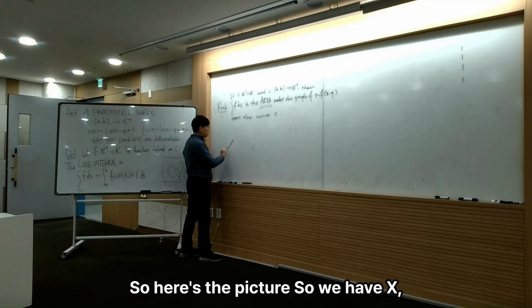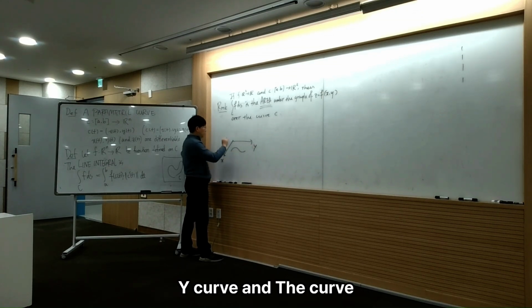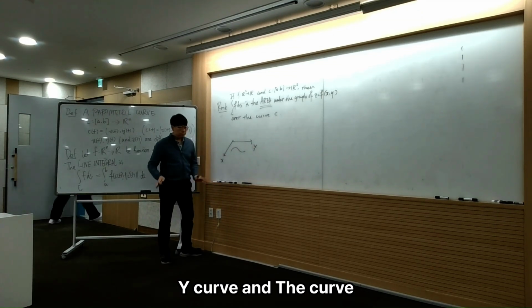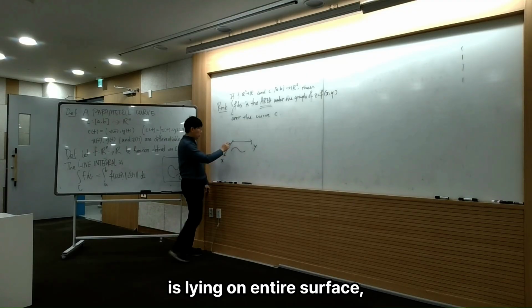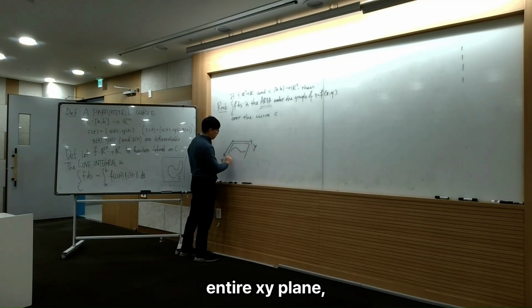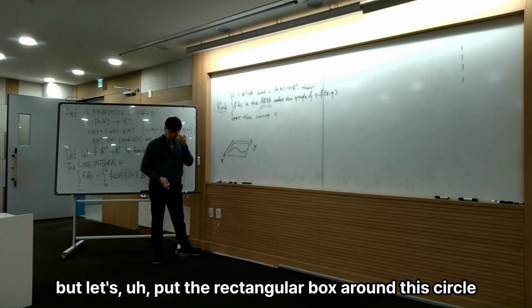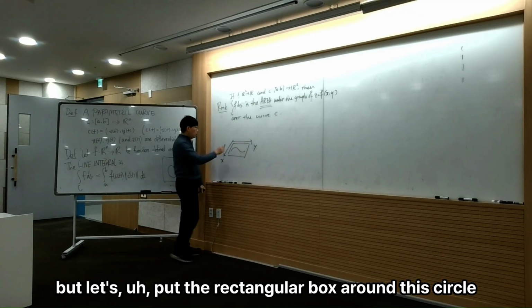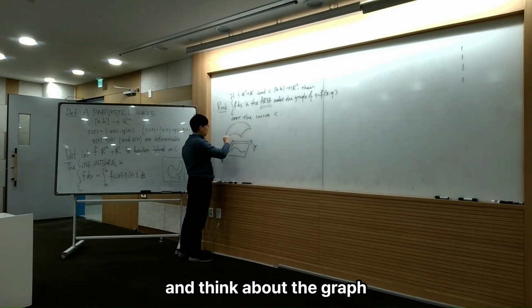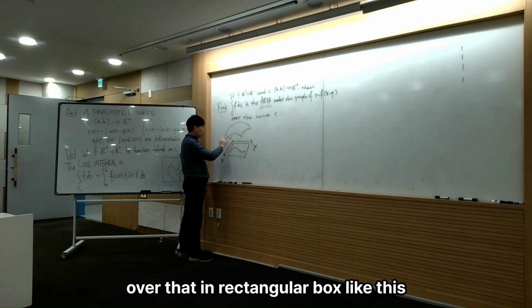So here's the picture. We have the xy curve, and the curve is lying on the entire xy plane. But let's put a rectangular box around the curve and think about the graph over that rectangular box.